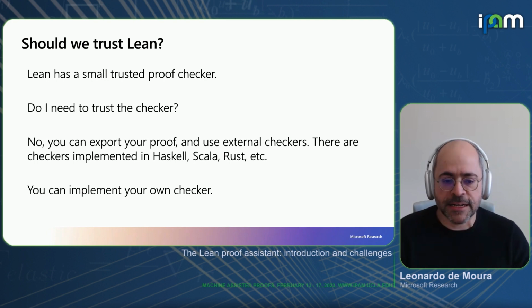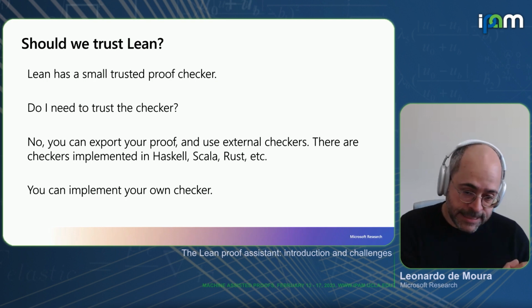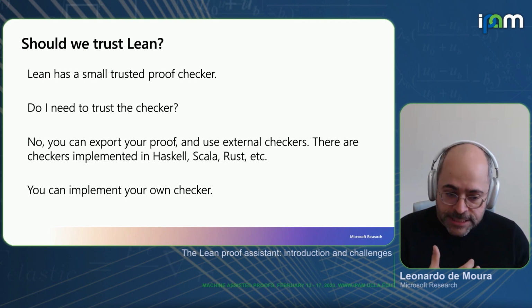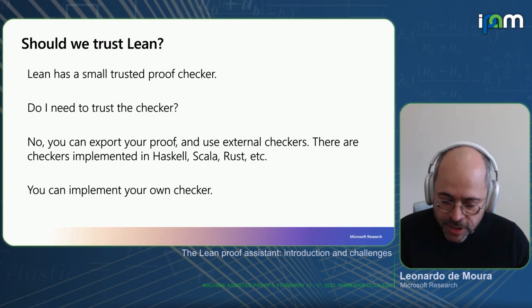This is a small checker. Yeah, if you're concerned about that, you can export your proof and check it with external checkers implemented by the community in many different languages. If that's not enough, you can implement your own checker. You have access to all data structures. Lean is implemented in Lean, so you don't need to learn a new programming language.